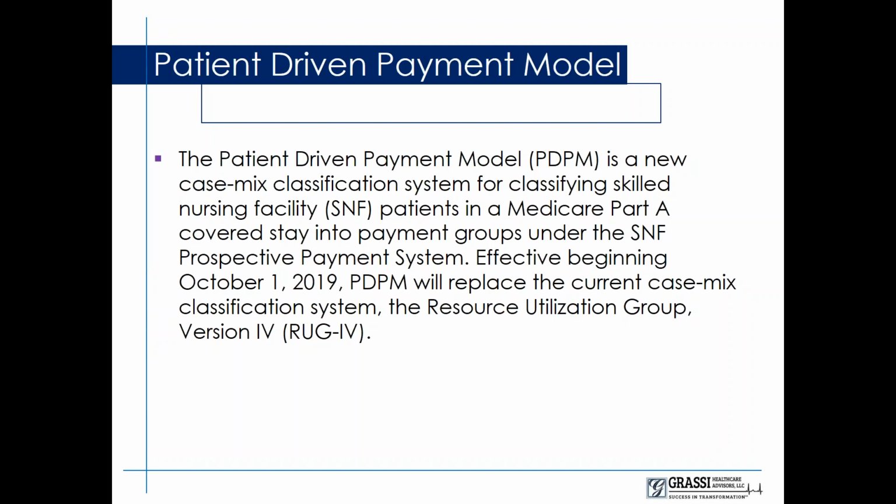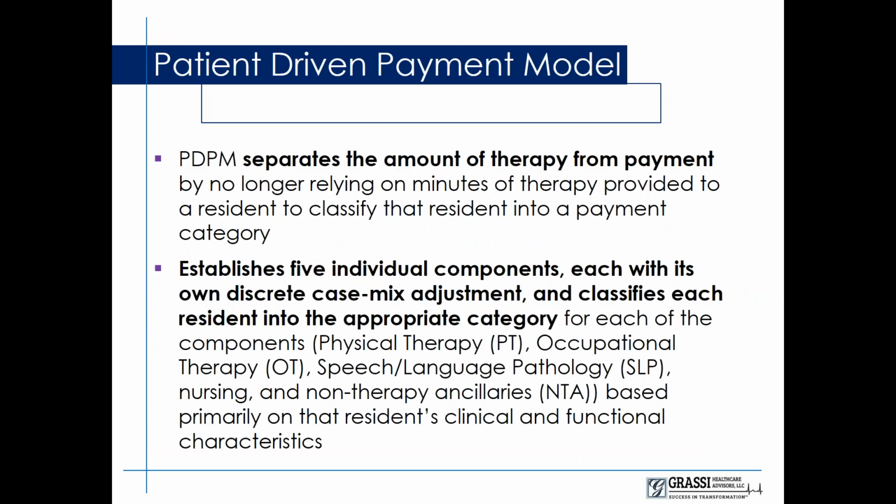But it only covers right now traditional Medicare Part A. If your state uses the MDS for their case mix classification for Medicaid patients, it may also impact that. In New York State, for instance, they're not transitioning to that for another 2 years. So RUG 4 is going to continue to be the categorization for case mix that's used in New York State.